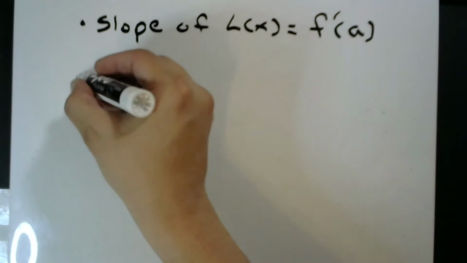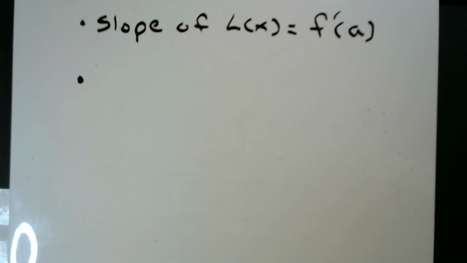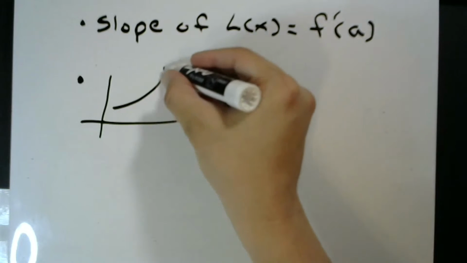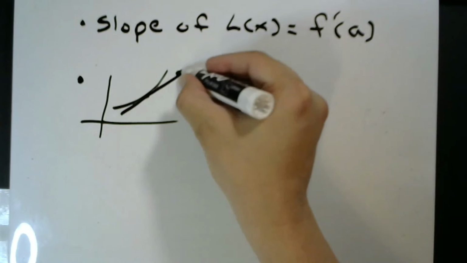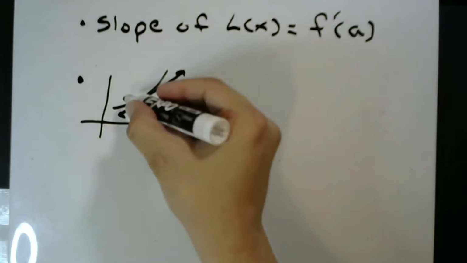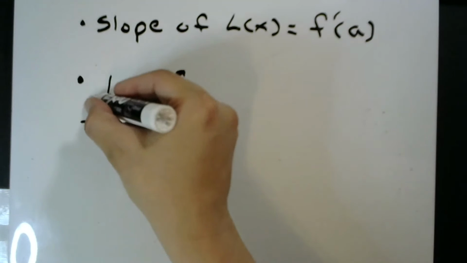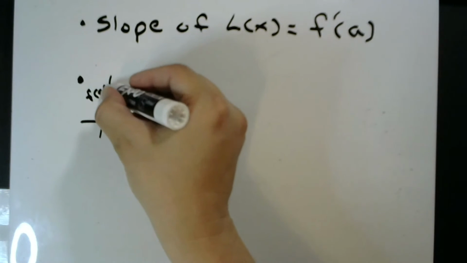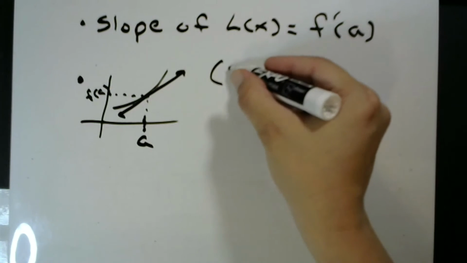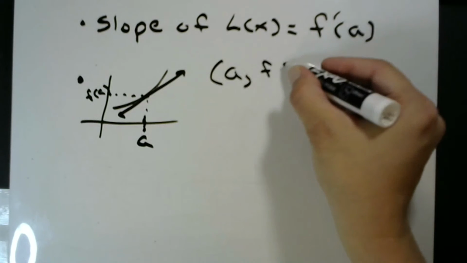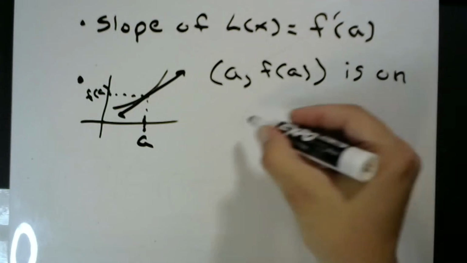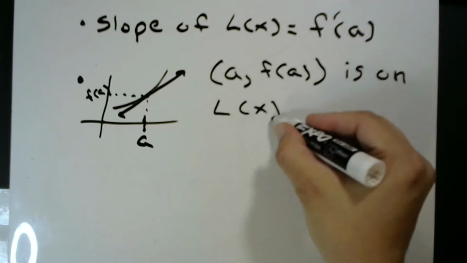And then a point on this graph, well, L of x is tangent to f of x at a and f of a. So the point (a, f of a) is on L of x.